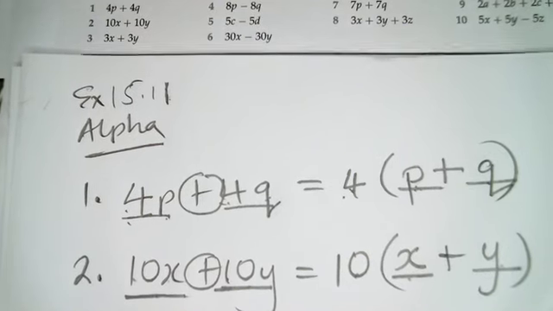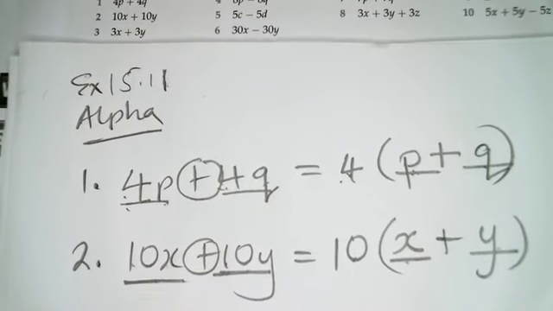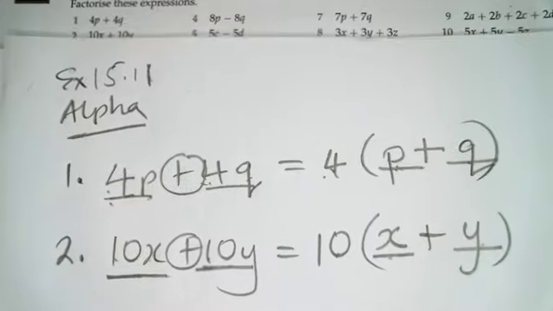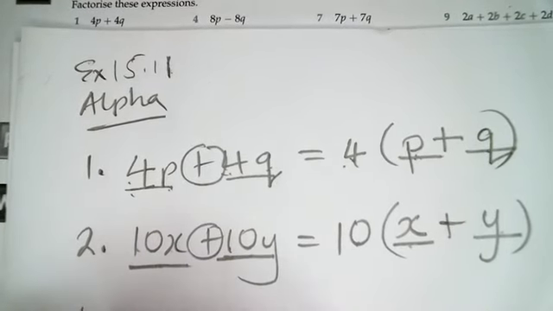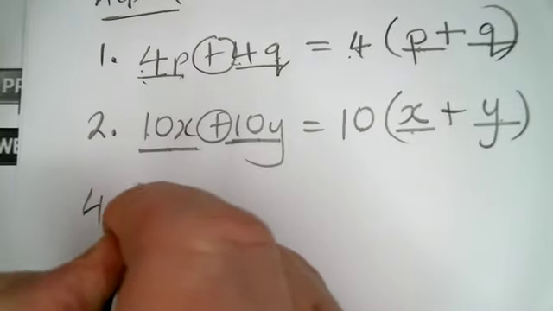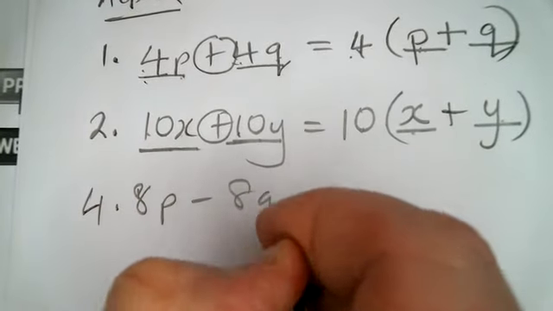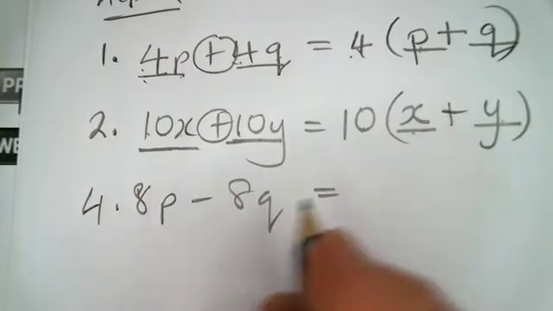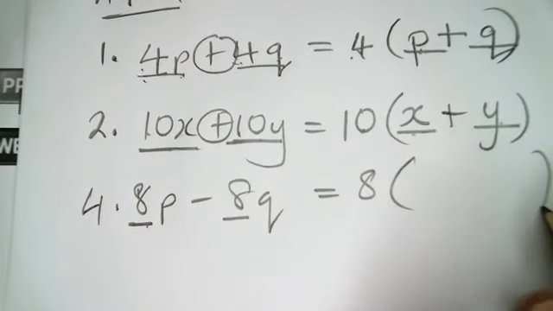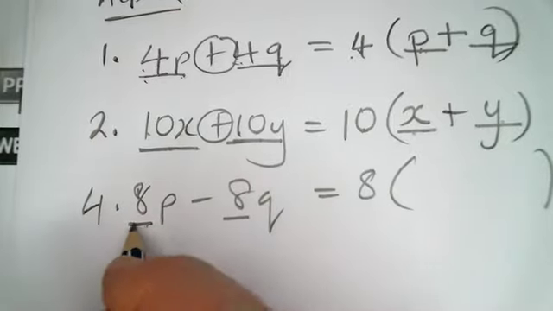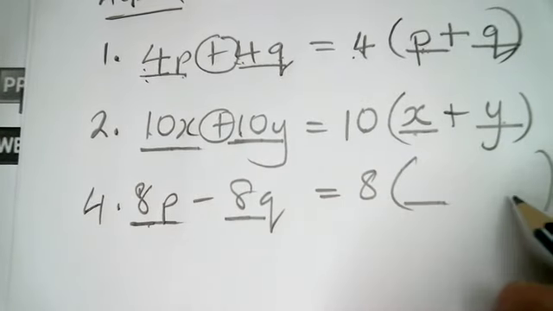All right, let's move on a little bit. Let's try number 4. 4 is 8p minus 8q. So 4, here we go. 8p minus 8q. And I look at what's common. I see that 8's common. So 8 goes outside the bracket, and we ask the question. First of all, we're going to have 2 terms, a term here and a term here.